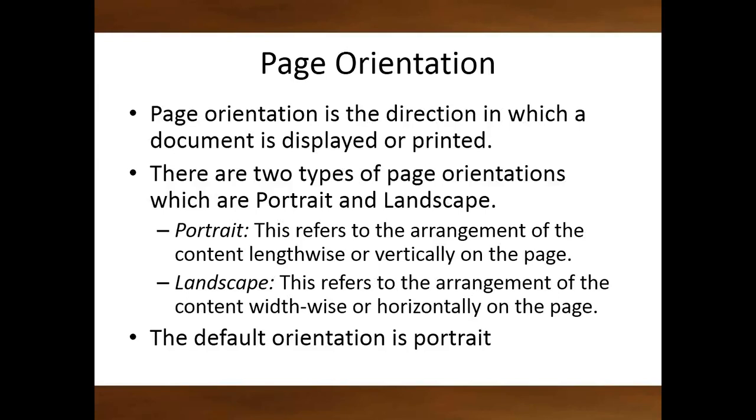Portrait orientation refers to the arrangement of the content lengthwise or vertically on the page. Landscape, on the other hand, refers to the arrangement of the content widthwise or horizontally on the page. The default orientation is portrait.